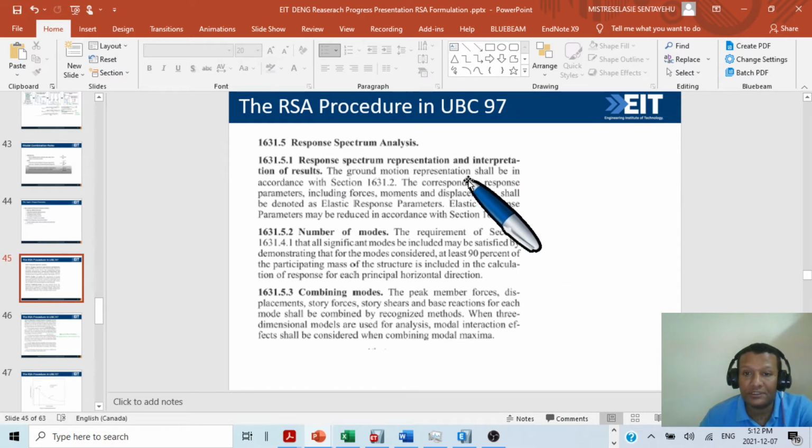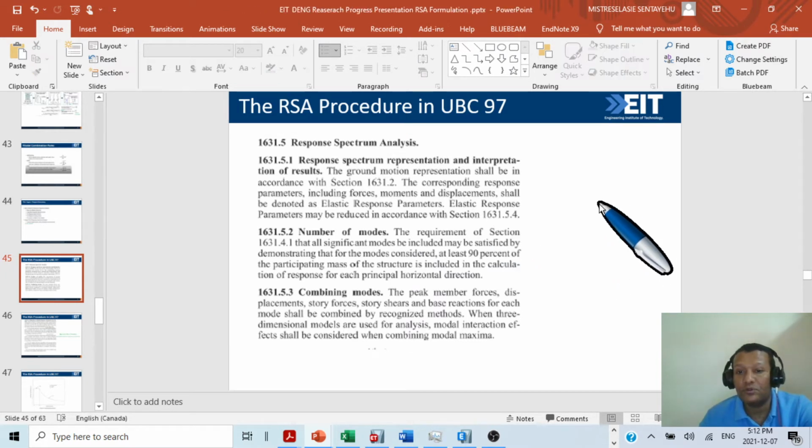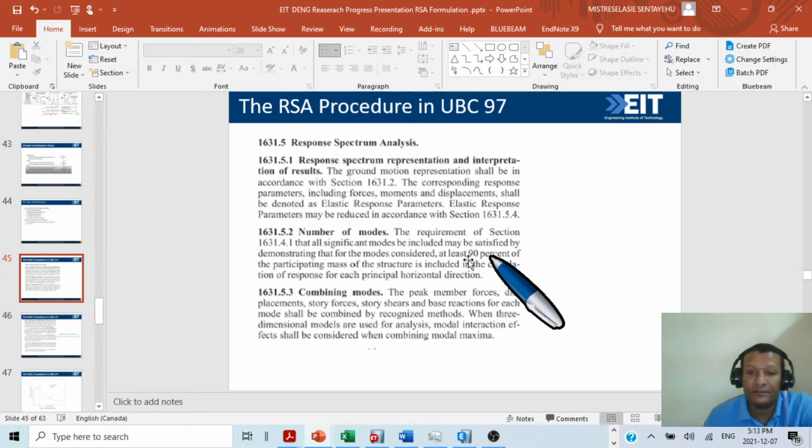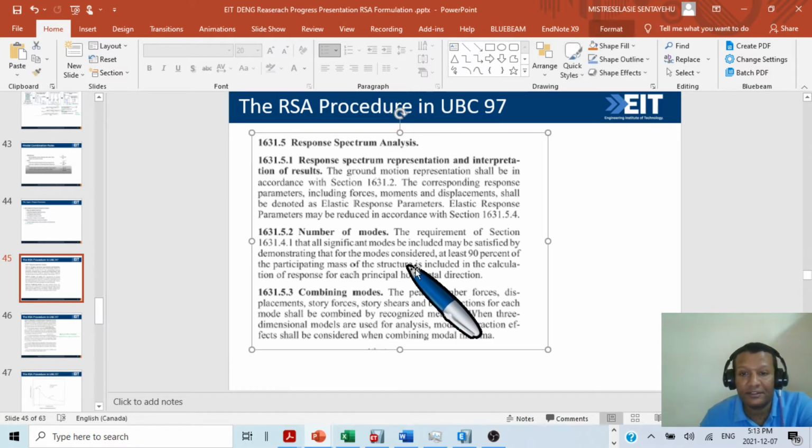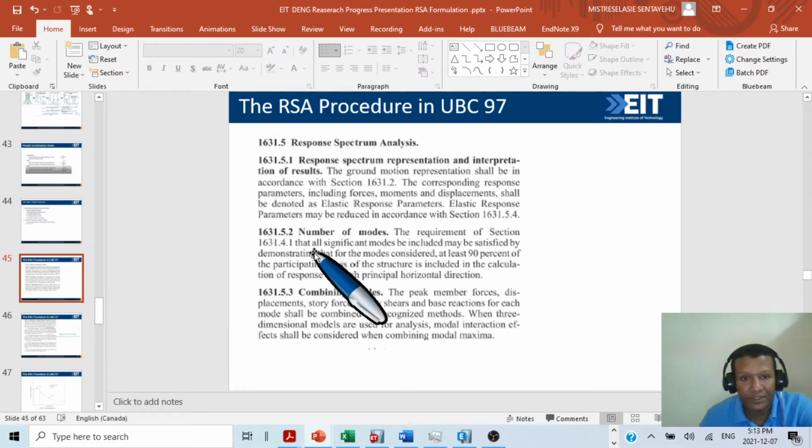The ground motion representation shall be according to section 163.1.2. The corresponding response parameters, including force, moment and displacement, shall be denoted as elastic response parameters. Elastic response parameters may be reduced according to this section. So as I told you, ductility, R factor, overstrength factor, CD factor, all these factors will be included.